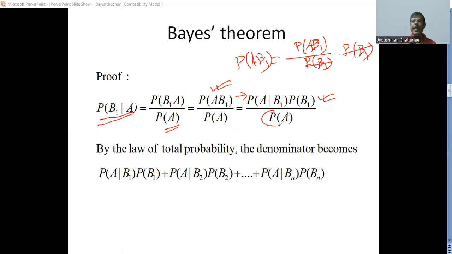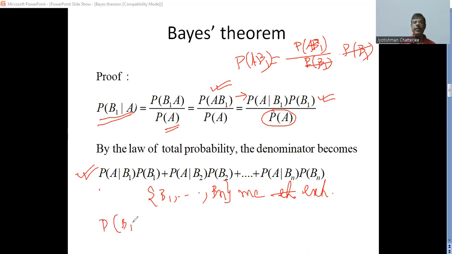Now, P of A, by means of total probability, the theorem of total probability we saw, that helps us write probability of A this way, because the collection B1 to Bn of events is mutually exclusive as well as exhaustive. So we can write P of A as this. That's why P of B1 given A can be written as this big formula.